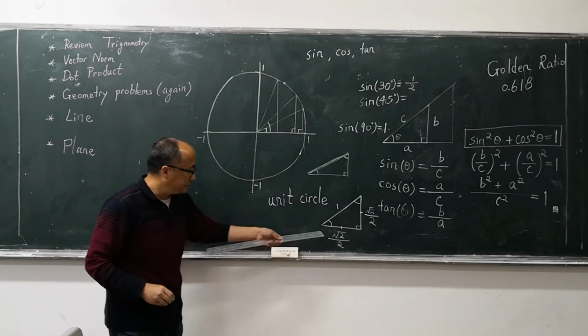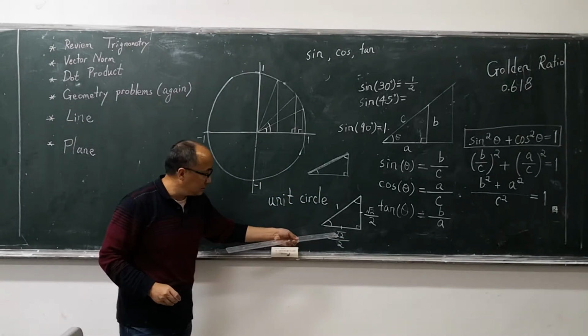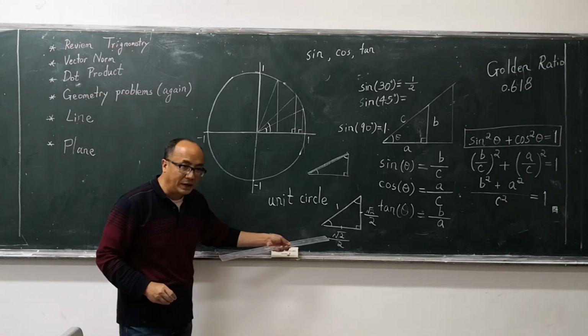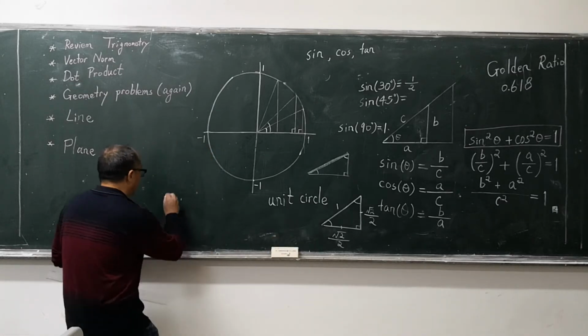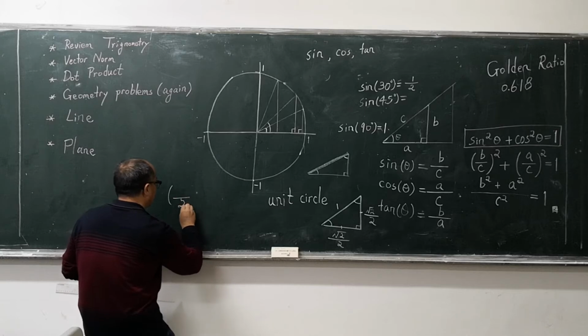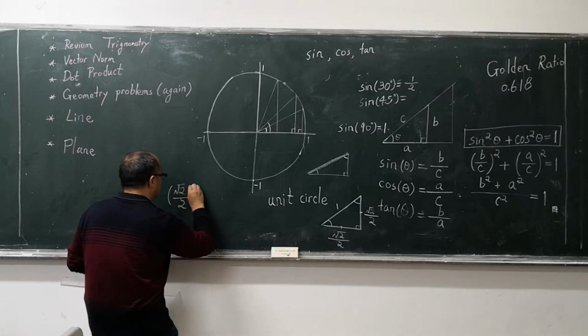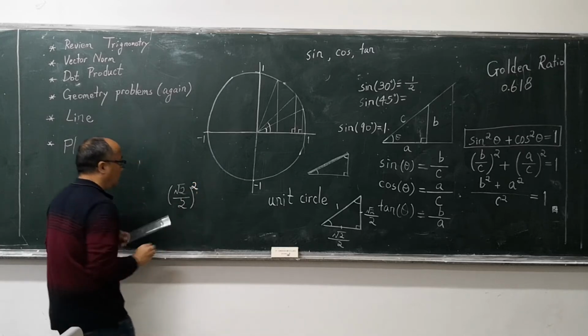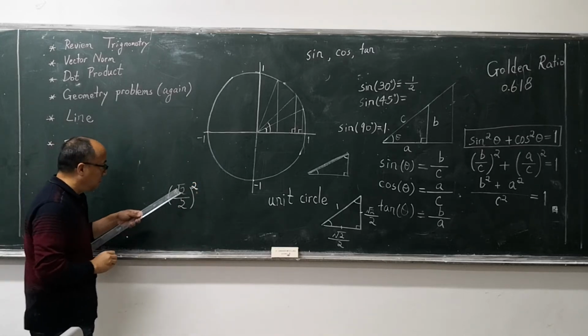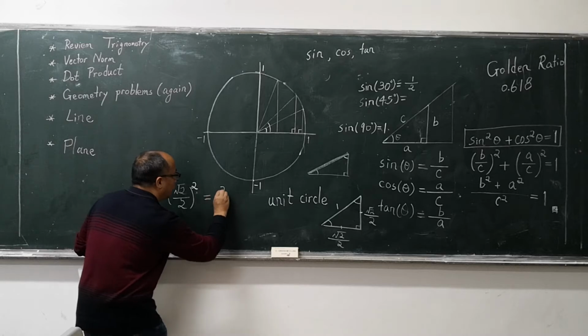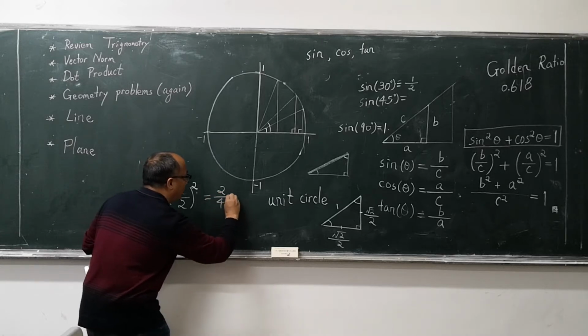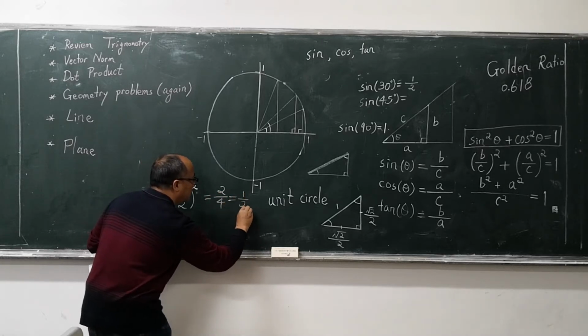So this square, what's this square? It becomes 2 by 4, which is 1 over 2.